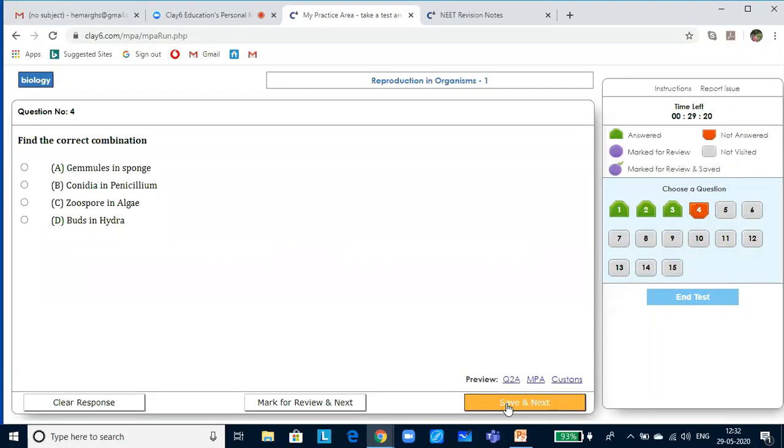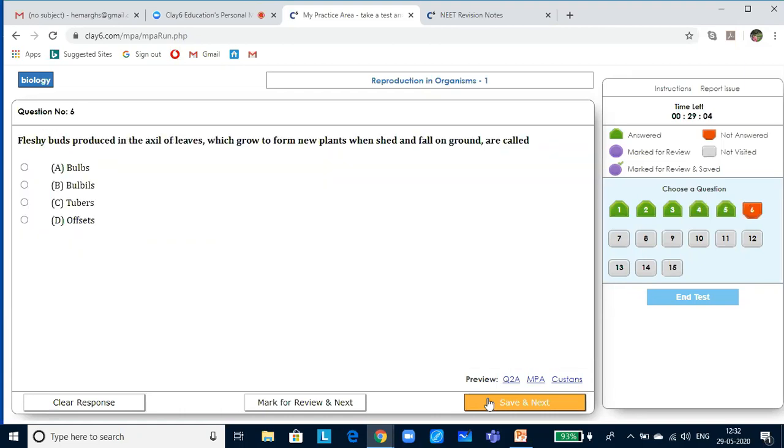Find the correct combination. Buds in Hydra. The chromosome number is haploid in the gametes. Fleshy buds produced in the axil, which grow to form new plants when shed and fall to the ground, are called bulbils.